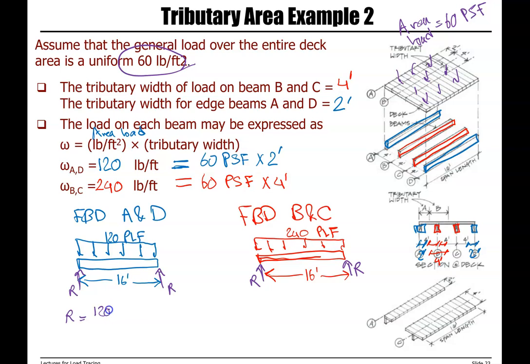Here we have 120 pounds per foot times 16 feet divided by 2, which gives us 960 pounds. And here we have 240 times 16 divided by 2, which gives us 1920 pounds.